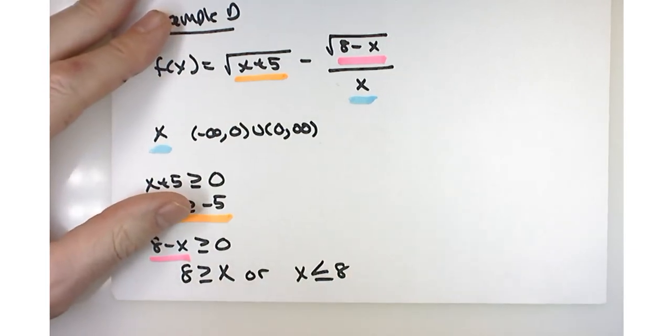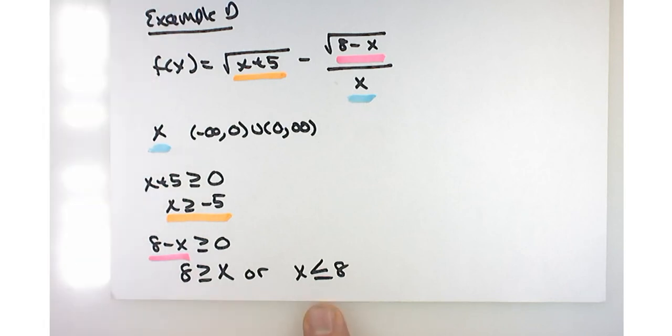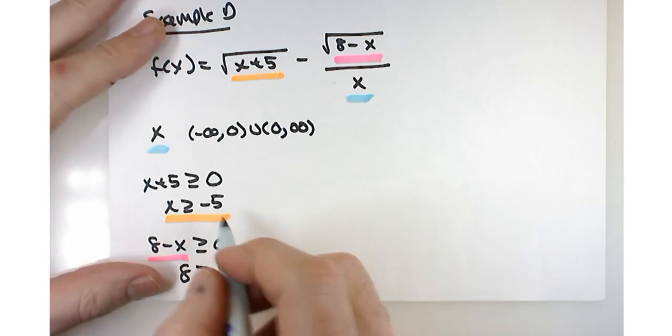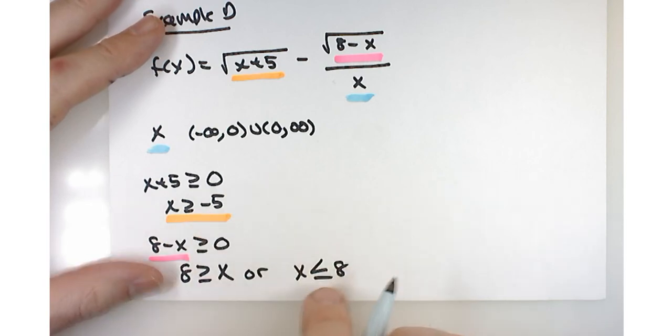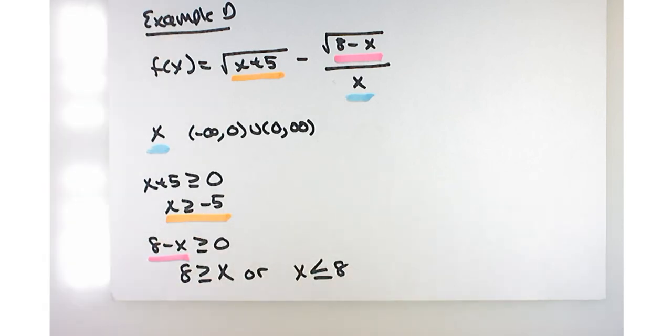So it has to look like this. And here with the x on the left-hand side, it's a little bit more user-friendly to think about the graph. So here, our graph is x is greater than or equal to -5. Here, our graph is x is less than or equal to 8.